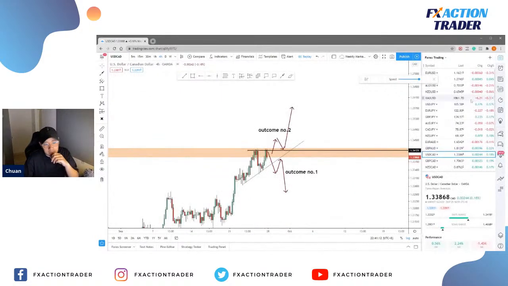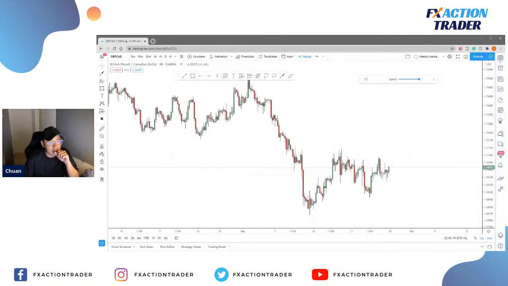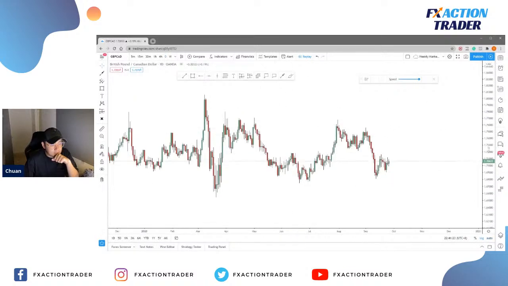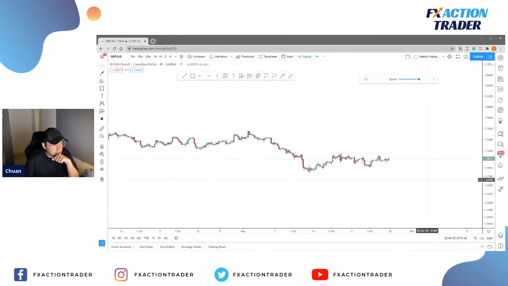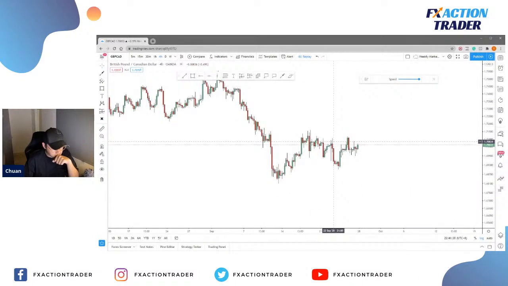So the last pair for today, let us have a look at this pound Canadian. I was actually watching this pair last week because I see on H4 there is a very good potential for us to trade. The market already formed a resistance level here, and I'm waiting for the market to retest this level.